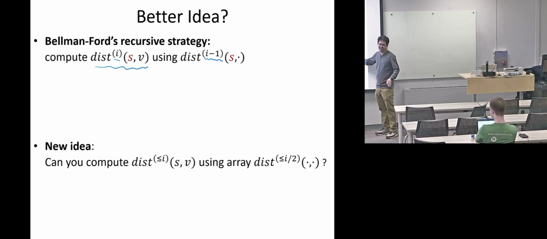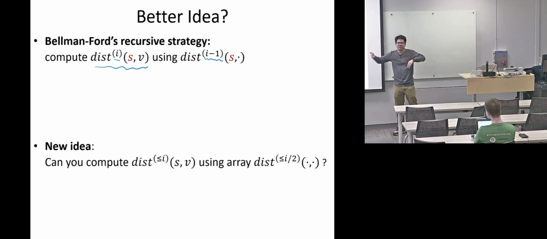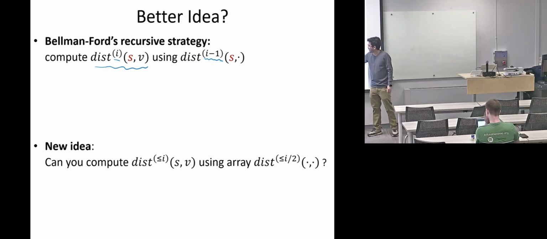If I can do this, you see that the loop in the recursion is better, right? Here we base ourselves on something like i minus 1, and here we base ourselves on i over 2, so we can make progress fast. That's the hope. Suppose that we have computed all pair distances between any pairs that use at most i over 2 hops. Can we compute this one? That's the new idea.